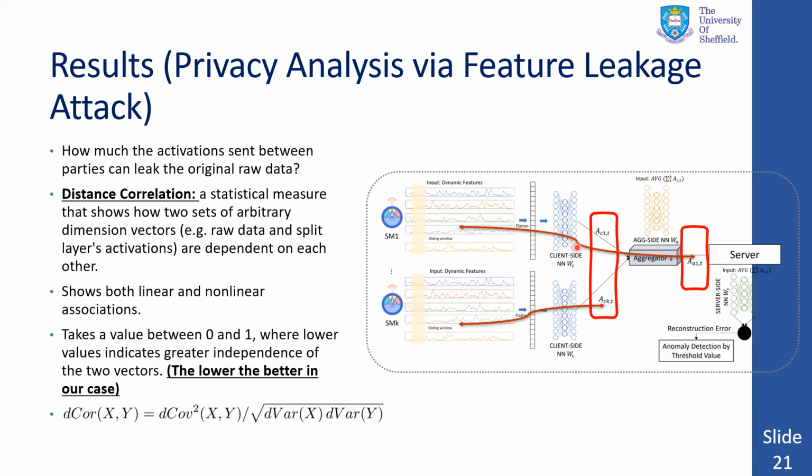For example, in our case, we measured the distance correlation between the activation sent by the client and the raw data, and the activation sent by the aggregator and the raw data. Distance correlation takes a value between 0 and 1, where the lower value indicates greater independence. So in our case, the lower the number, the better it is.